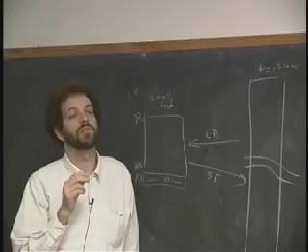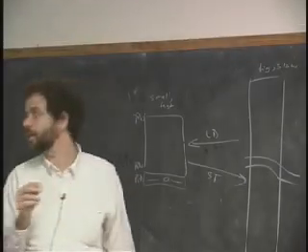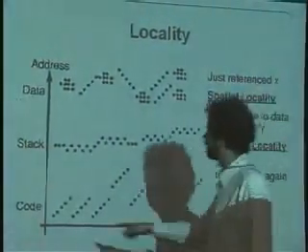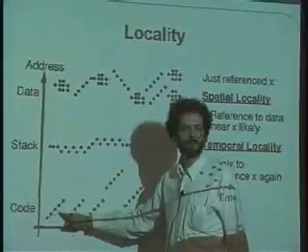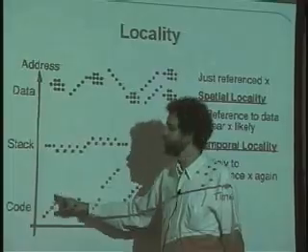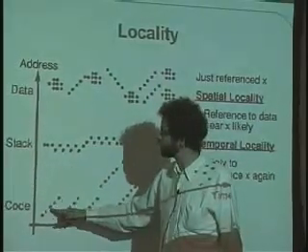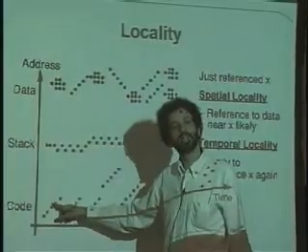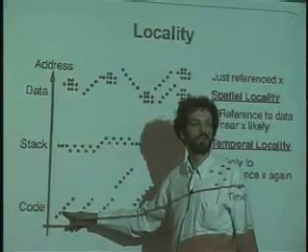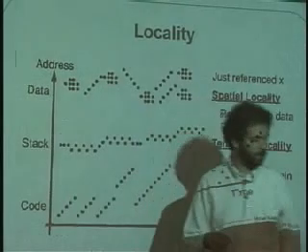In other words, there's a lot of redundancy there. I can predict, if I look at this picture over here, if I've had an access here, then I can predict that the next access will probably be close to here and unlikely to be here. And so when I get this new address, this new piece of information here, it's not telling me very much. Okay? In other words, I can use the past to predict the future.